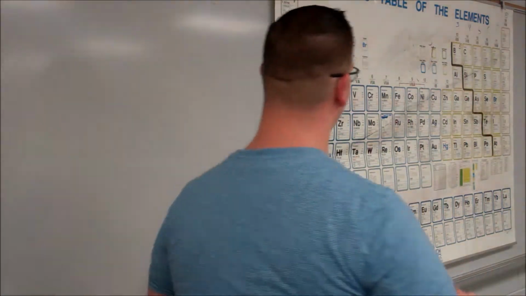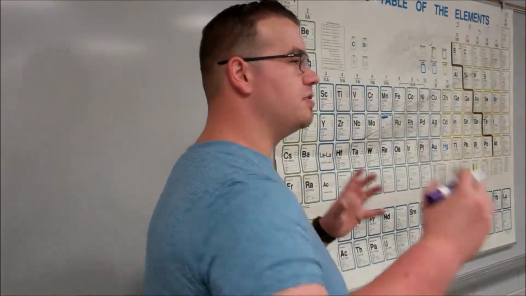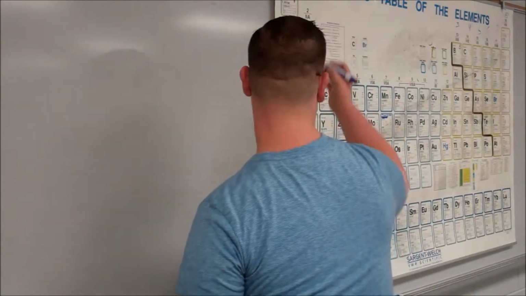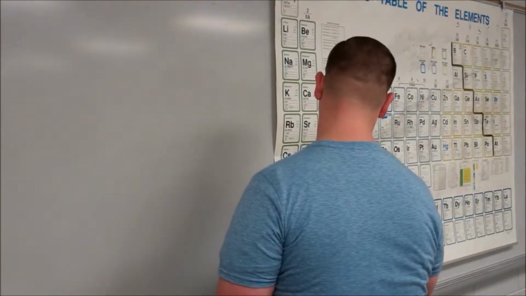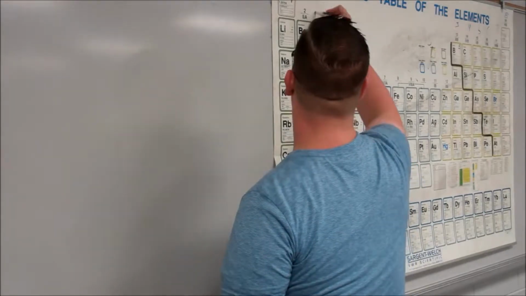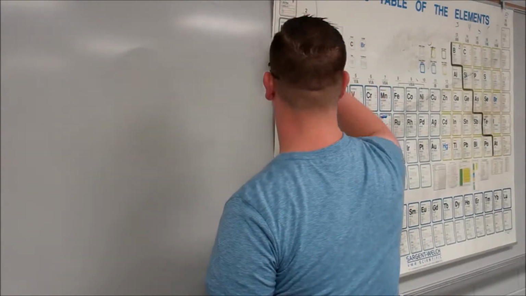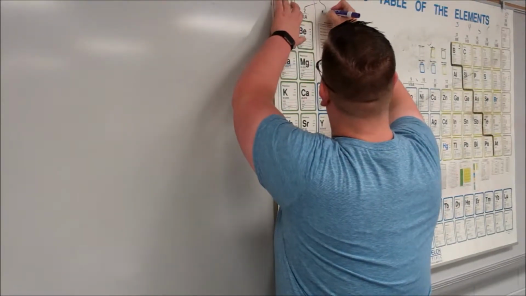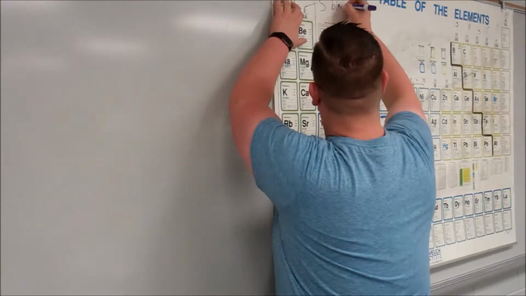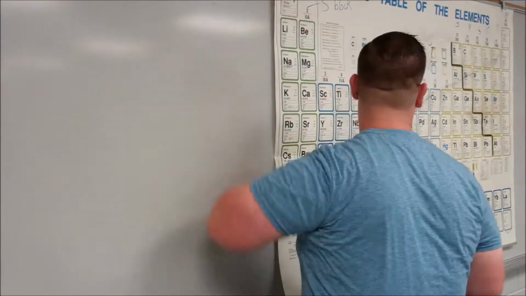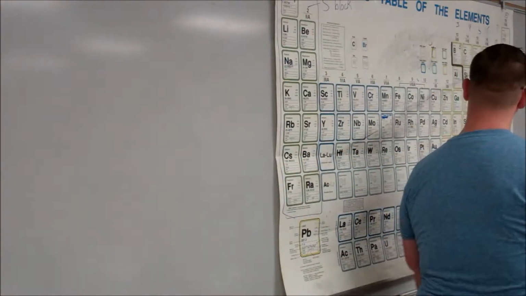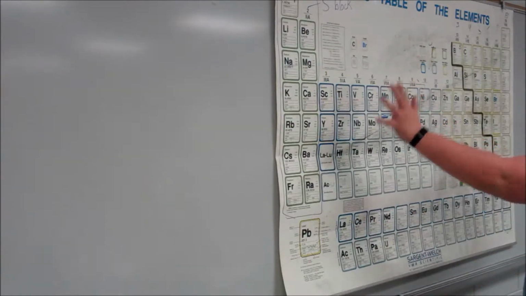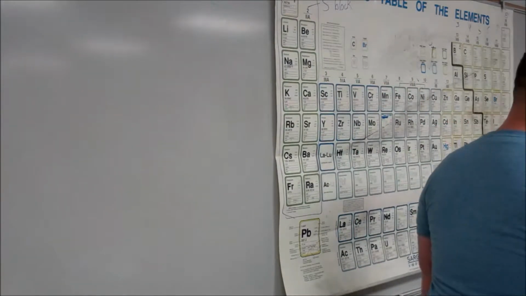Cool. All right. First thing is your periodic table. You got to break it down into blocks. From here, these first two columns are what we call the S block. Columns 1 and 2 make up the S block.